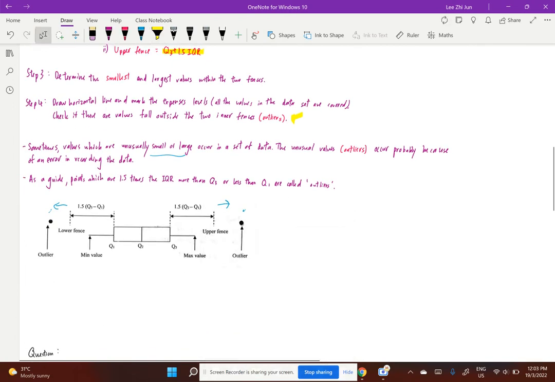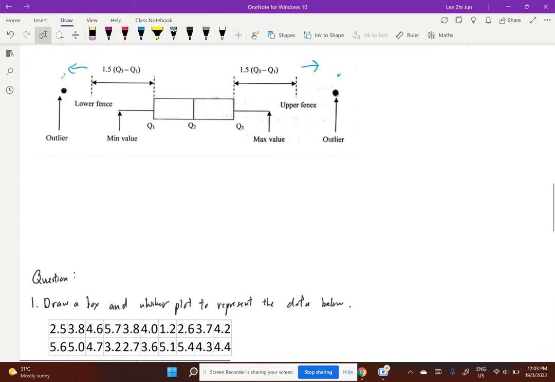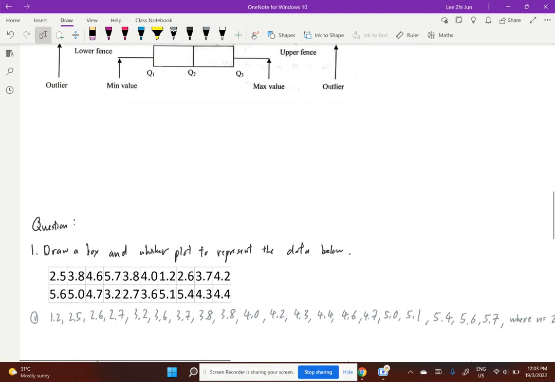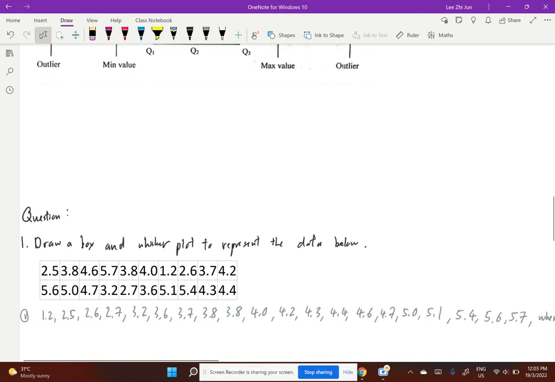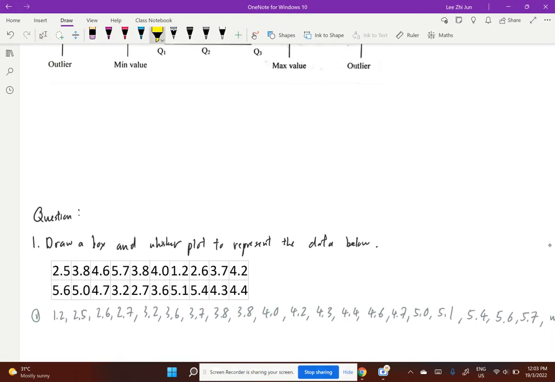Okay, so we go to the question. Draw a box and whisker plot to represent the data below. As you can see, I have organized these 20 numbers in ascending order.